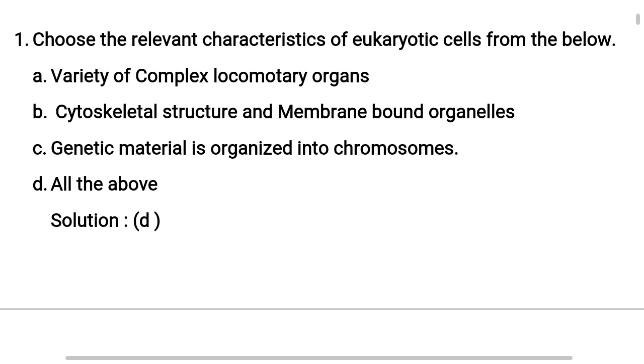These characteristics can be seen in detail in eukaryotic cells. Okay, which ones come under eukaryotic cells? Let's see some examples. Plants, animals and fungi, all these come under eukaryotes. All these possess the above mentioned A, B, C characteristics. So the correct option for this question is option D.